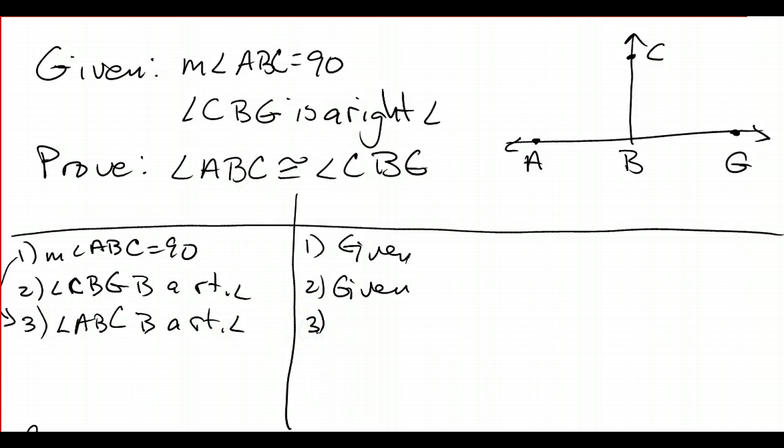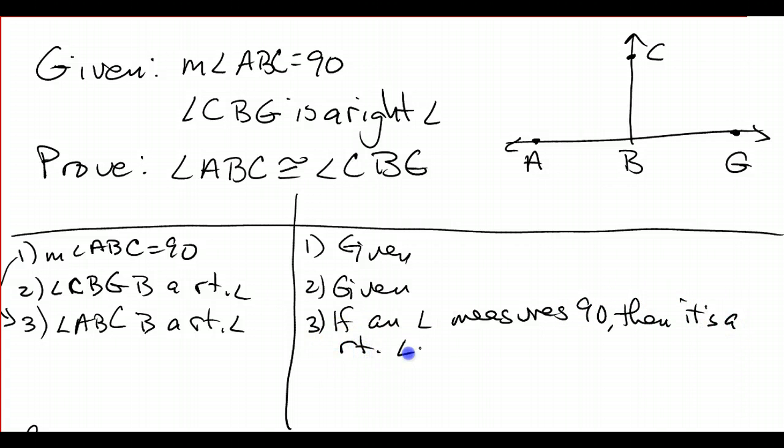And if you want to try and find your reason, go ahead and pause the video. And this would be if an angle measures 90, then it's a right angle.